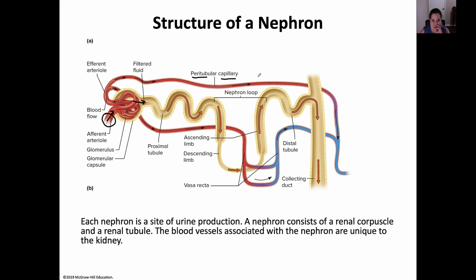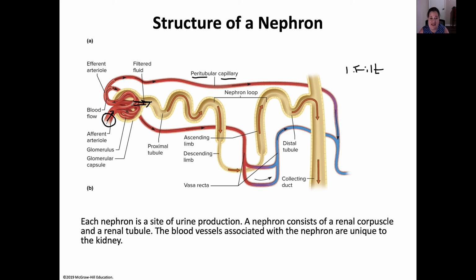Now, why is that important? Well, there are different things that can happen to things in the blood. There are three things. One is going to be filtration. Filtration is what happens here.